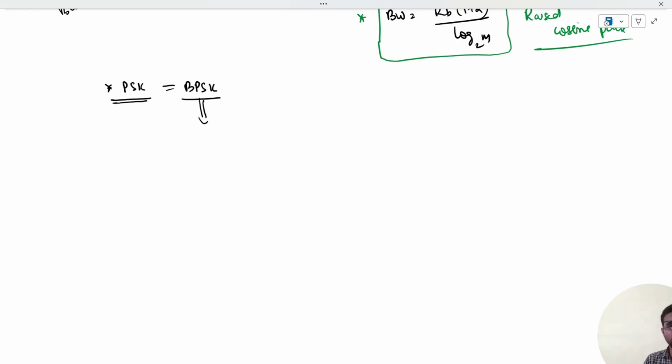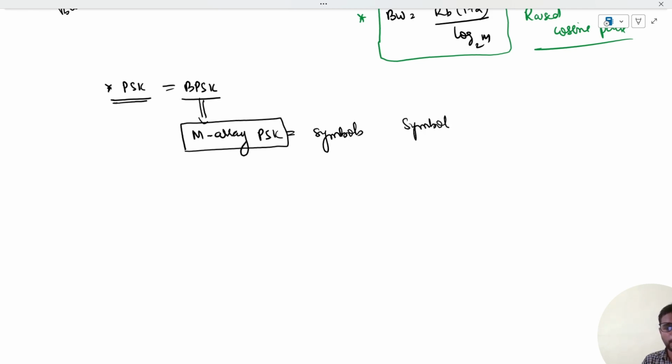Now if we come to M-ary PSK, where we are not transmitting bits but we are transmitting symbols. Before going into M-ary PSK, let us understand what is the symbol rate, what is the baud rate, what is the bit rate. See, there is a relation.